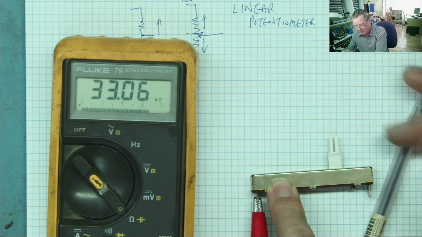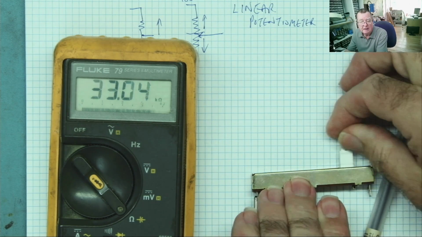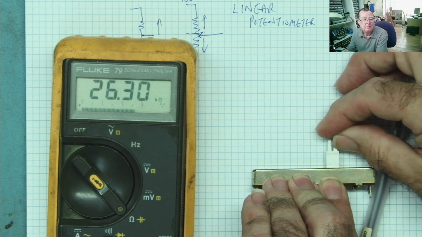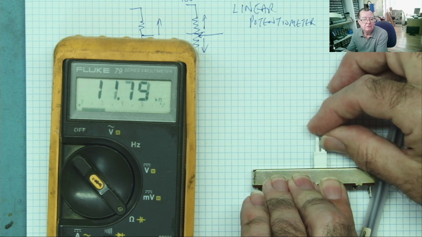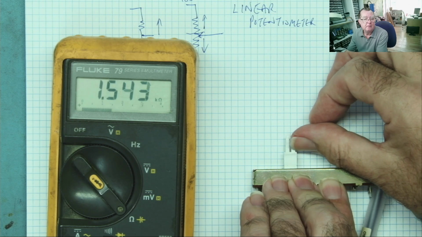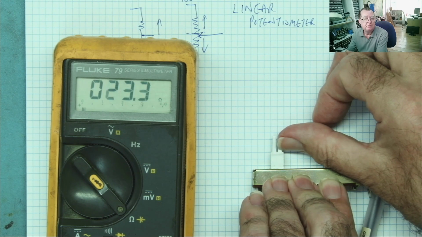Now it's gone to 33K. So you can see that the effect is not linear. You get much more change of resistance at this end than you do at the other end. Now it's only changing by small amounts, hundreds of ohms. Okay?